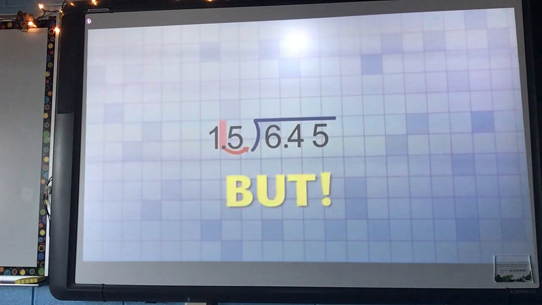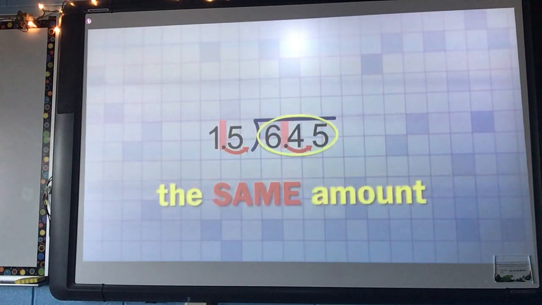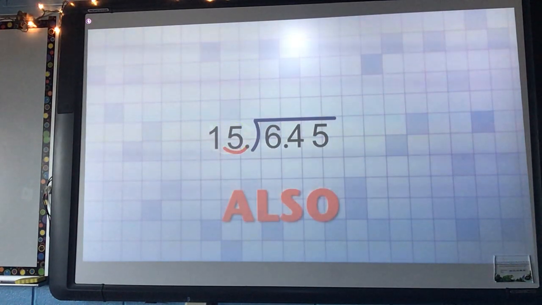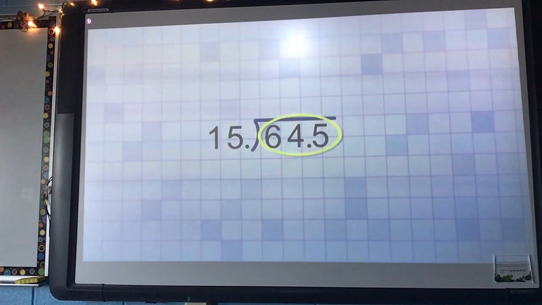But if we do that, then we also need to shift the decimal in the dividend the same amount to the right. So in this case, if we want to shift the decimal point in our divisor one place to the right so that it's 15, we can do that as long as we also shift the decimal point in the dividend by the same amount, which will turn it into 64.5.